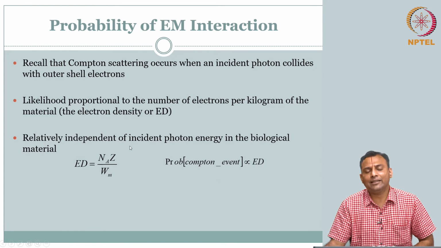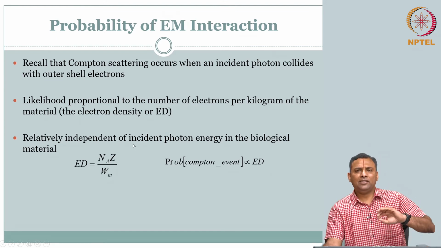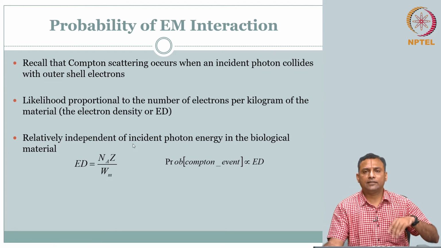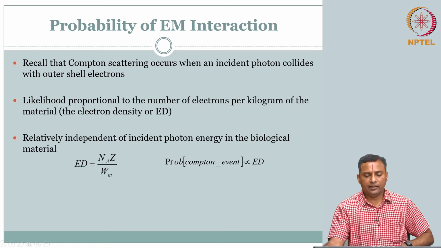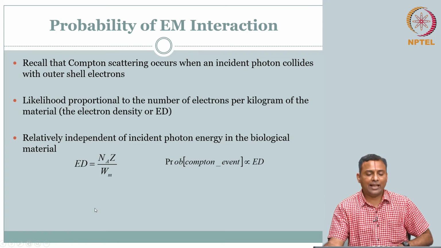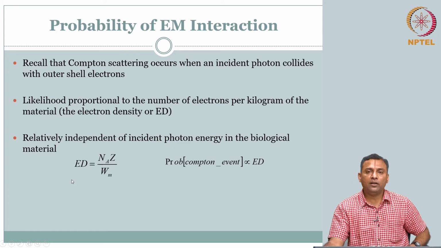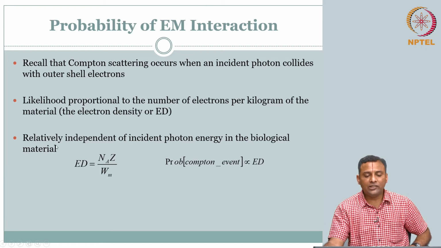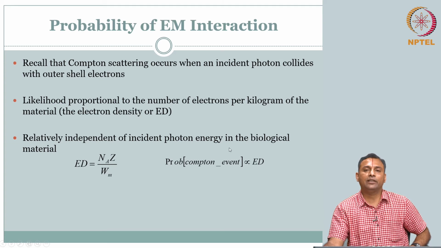And in this case, there is a lot of physics behind several aspects of this with respect to, for example, energy. But for the energy that is encountered in human interactions, for biomedical applications, in that range it is found that the probability of Compton scattering is relatively independent of the incident photon energy.